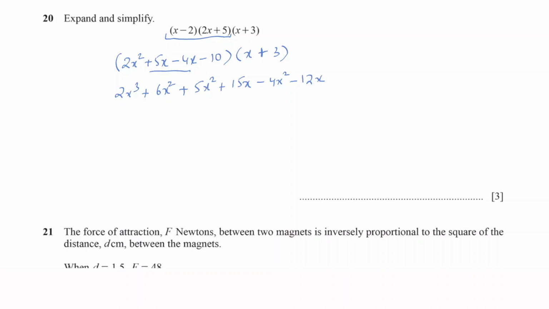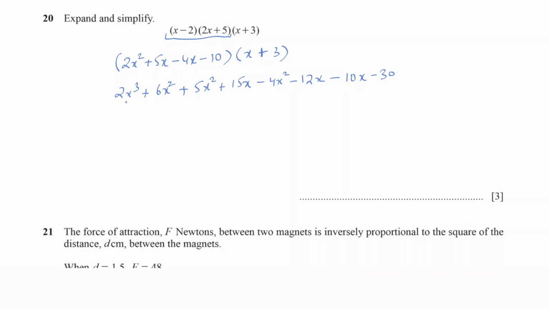Then we are left with minus 10, so minus 10 into x is minus 10x, minus 10 into 3 is minus 30. I thought of doing this one first, but that's not an issue, we'll get the same answer. Okay, let's solve this one now.